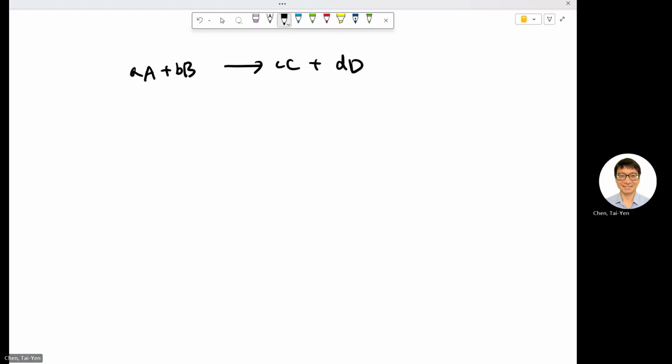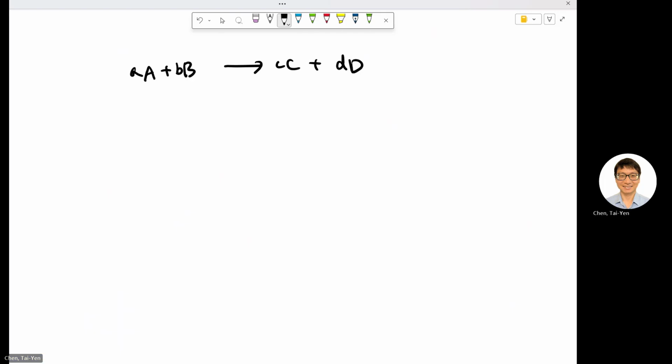Now think about this. Can you do the same calculation even before you cook the solution? Why not? What prevents you from doing that? I'm asking a very simple question, so don't worry, I'm not going to bite you. Can you? You can, right?